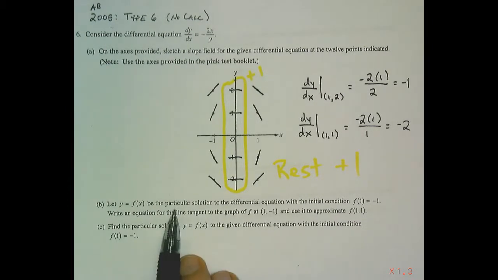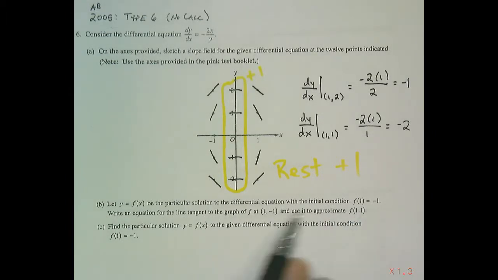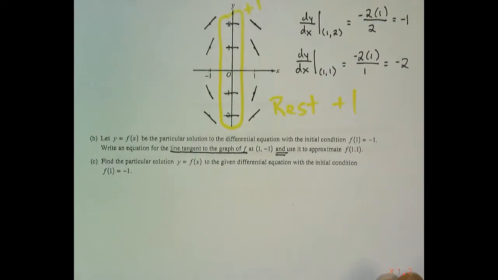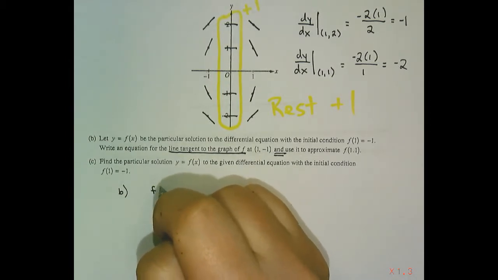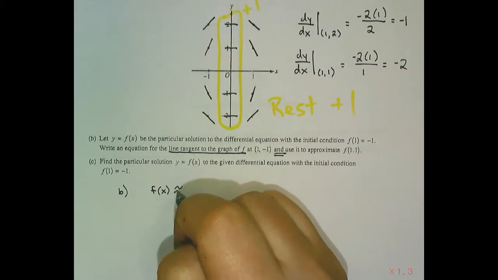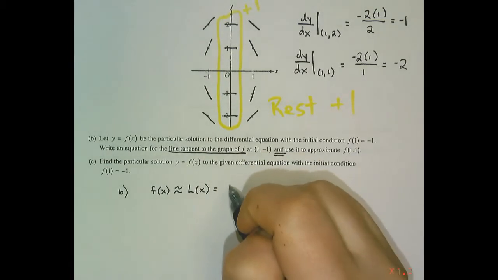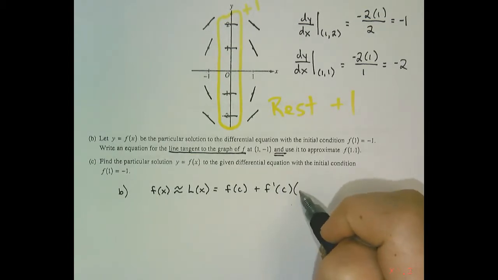Moving on to part B, let y be the particular solution, and they give us an initial condition of (1, -1). Write the equation of a line tangent to the graph of f and use it to approximate. So part B is a tangent line approximation question, and we learned at the start of the school year a function can be approximated by the tangent line, which is equal to f of c plus f prime of c times x minus c.